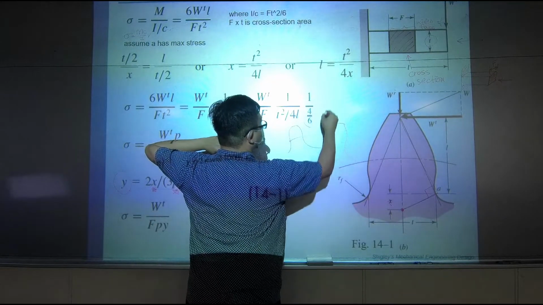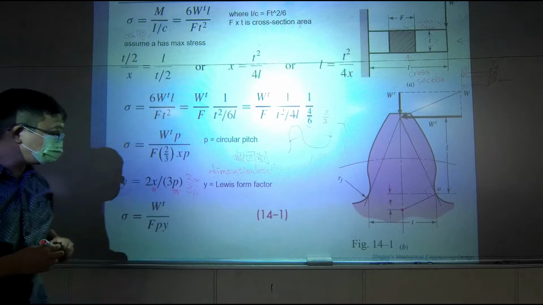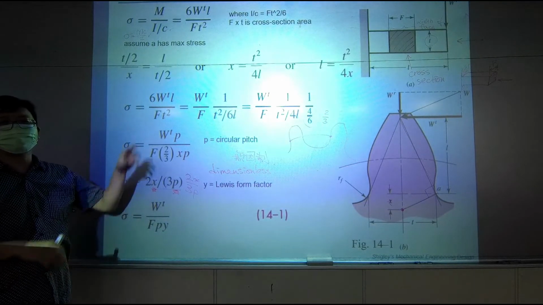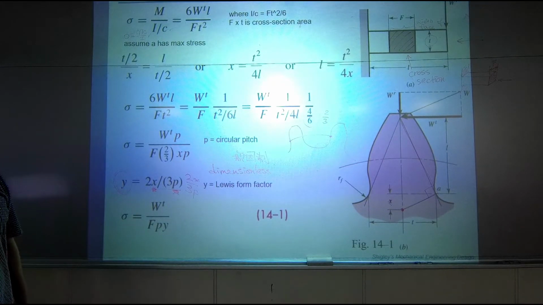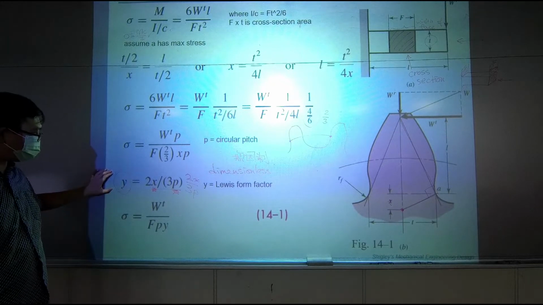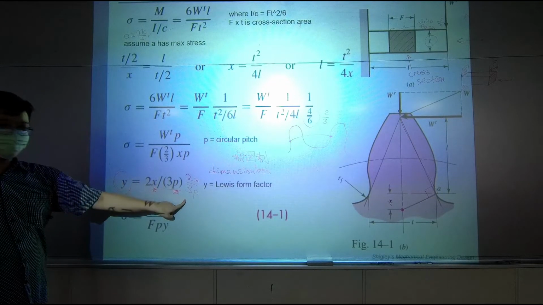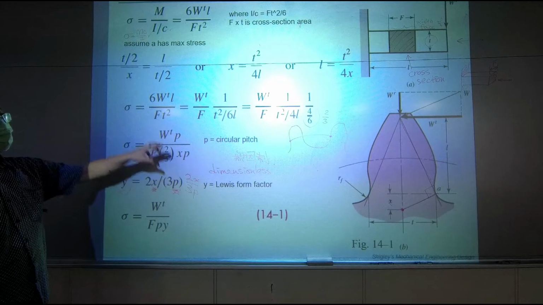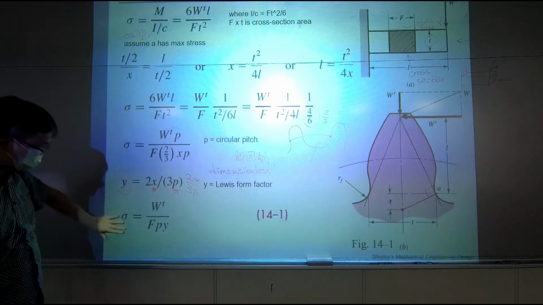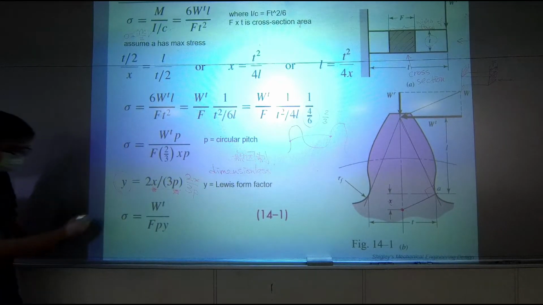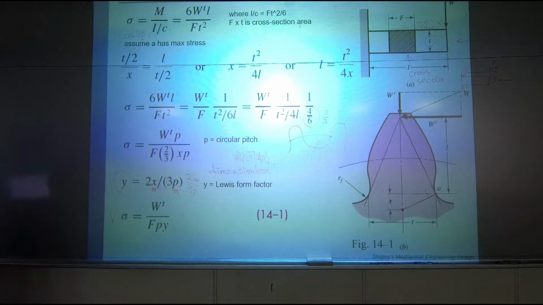There's 2 over 3 right here. He wants to get rid of the coefficients. So if he defines y in this way, 2x over 3p, he can later on get a very simple one like this. This is a very simplified stress equation.